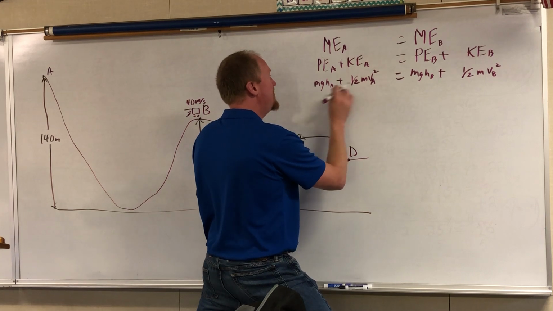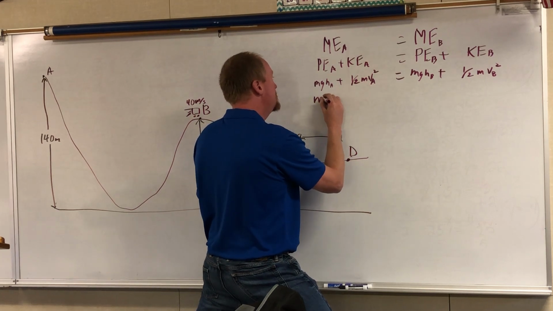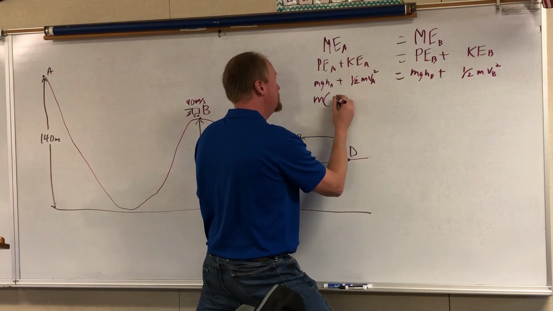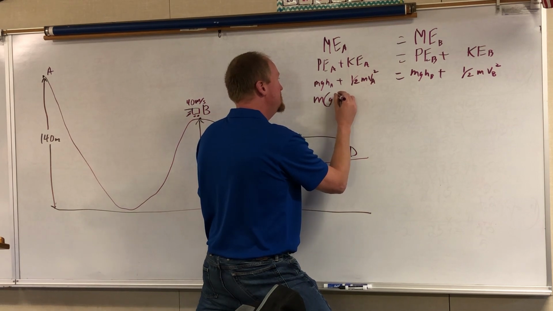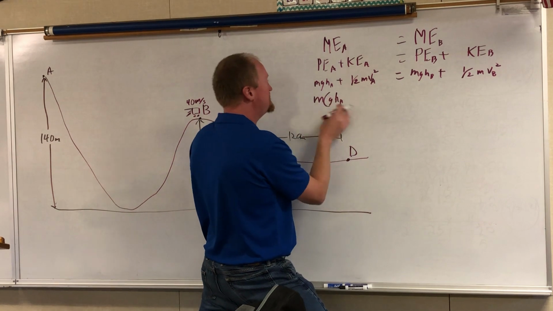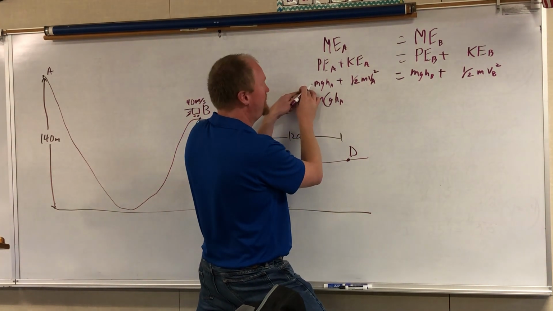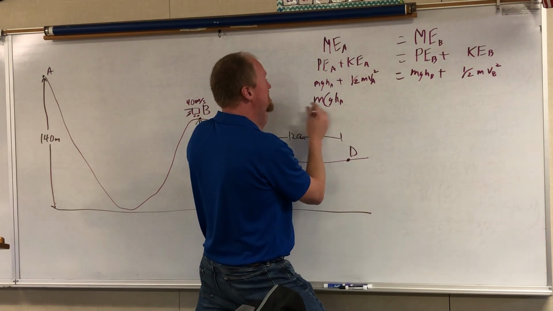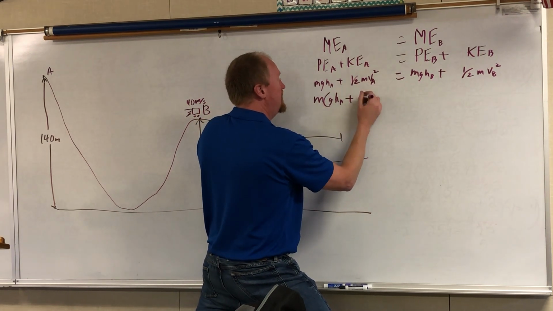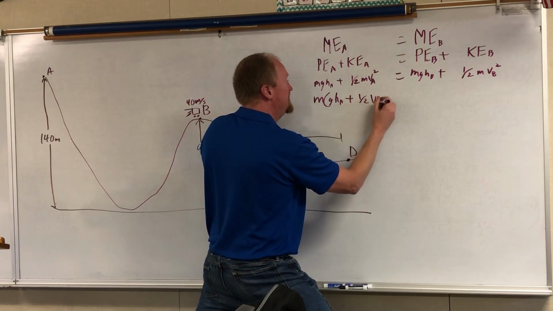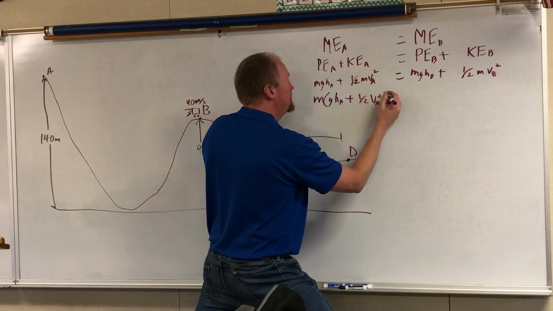So you notice mass and mass. So we can do this. Mass times g times h at A. So you see what I've done? I've taken the mass out. It's the distributive property. Using the distributive property to take the mass out of the equation, plus 1/2 v A squared.